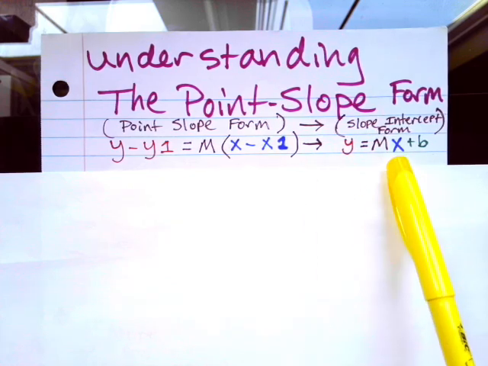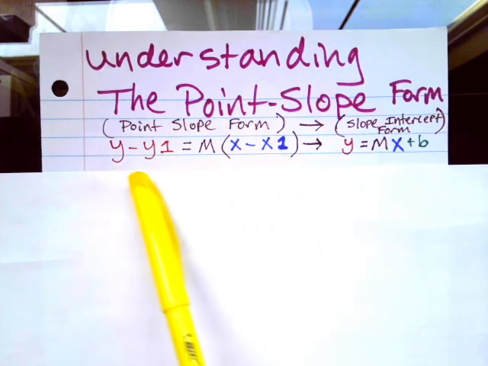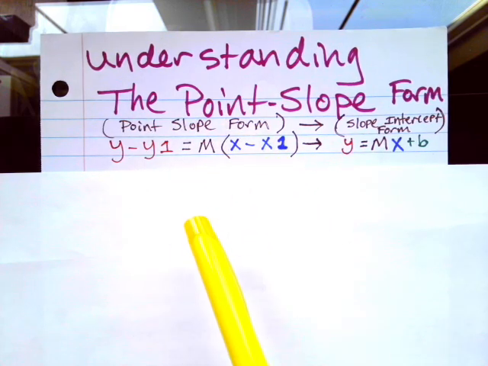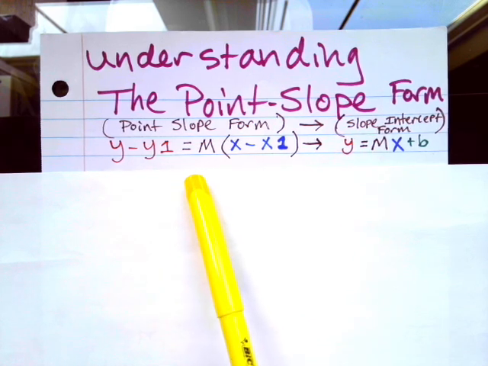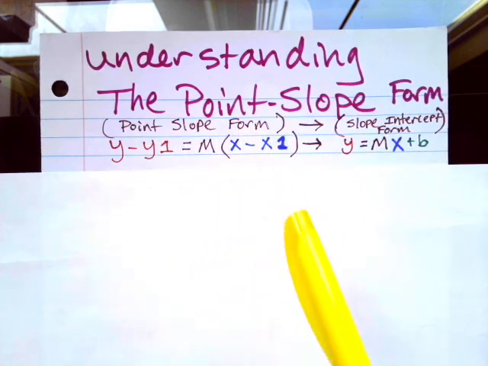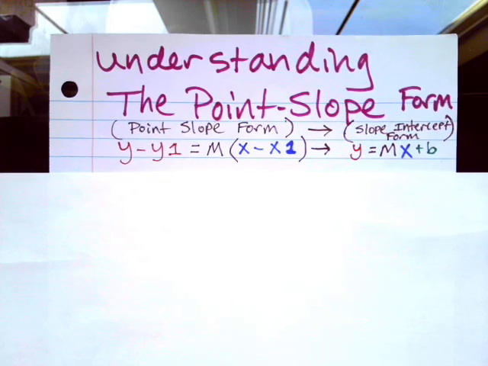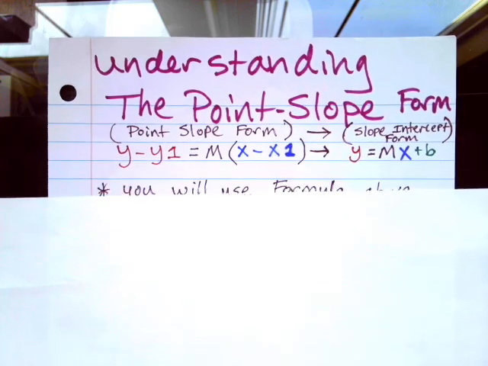Right now we're going to be talking about slope-intercept form and how it relates to the point slope form. Moving further in videos 10, 11, 12, on and on, we're going to be introducing point slope form, how to use it, what it's good for. So let's just jump right into it.